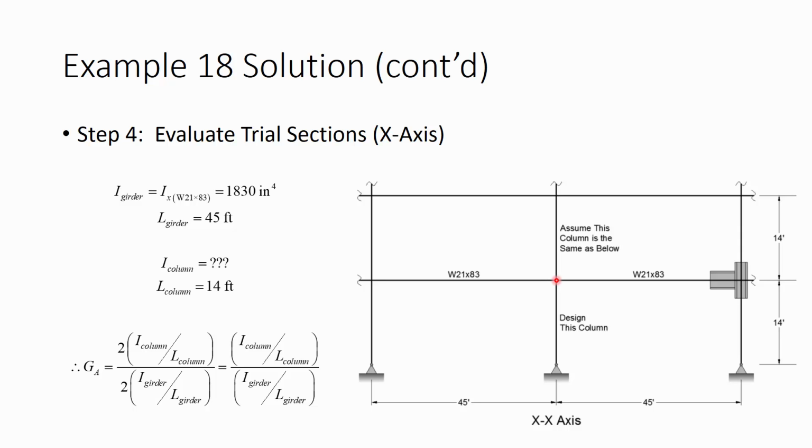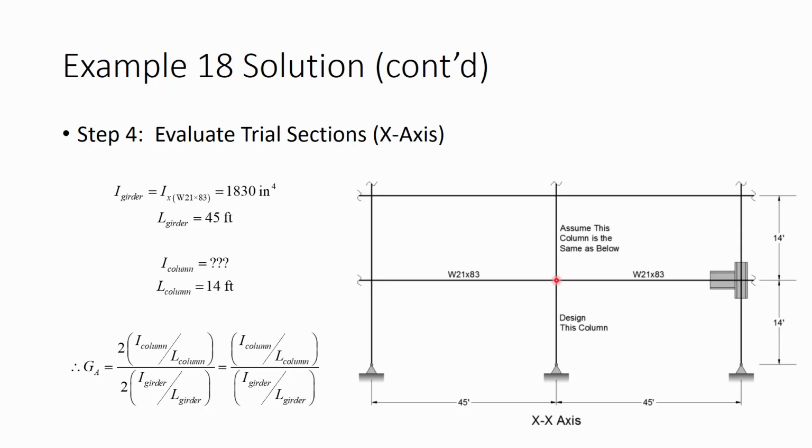If you look at that joint, how many columns are framing into it? There's two, the one from above and the actual column itself. And how many beams or girders are framing into that joint? There's two. So there's two columns and two girders framing into that joint.